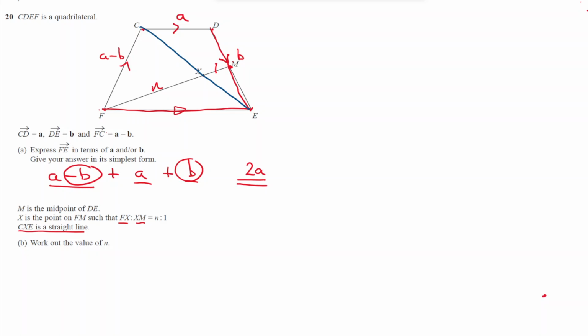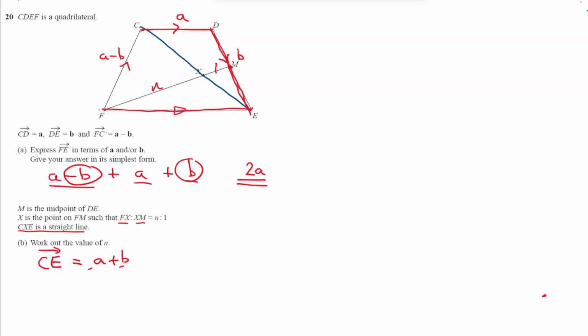And here's what I mean. So if you look at the vector CE in its entirety, so the line from C to E, which goes through X. Now CE in A and B terms is little a plus little b. That tells us a really key thing, that the coefficients of A and B would have to be equal, right?